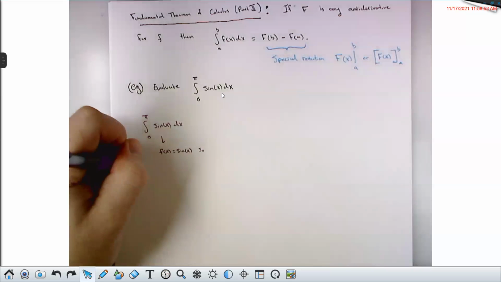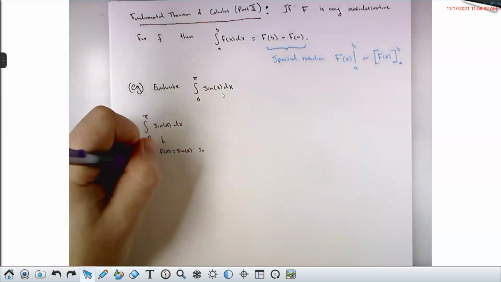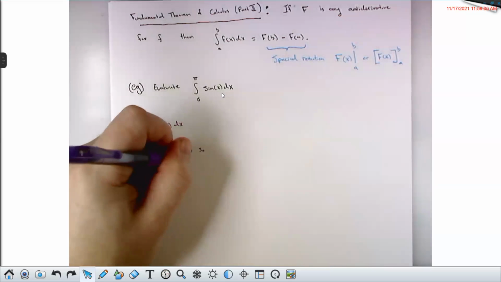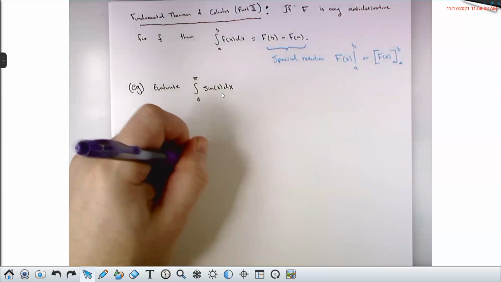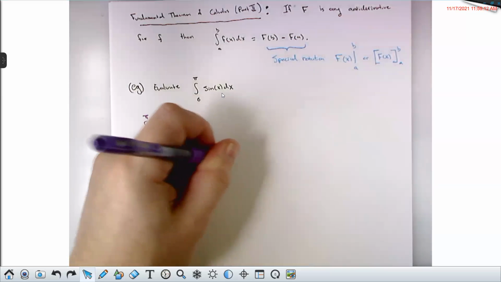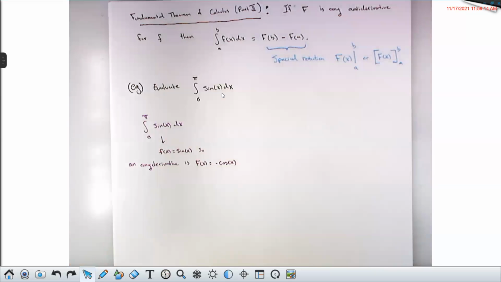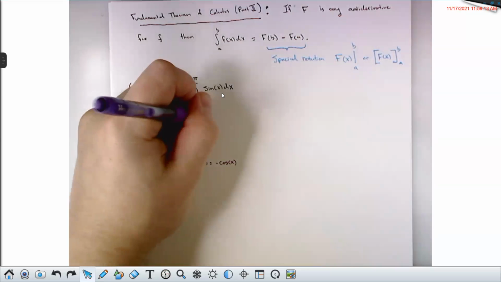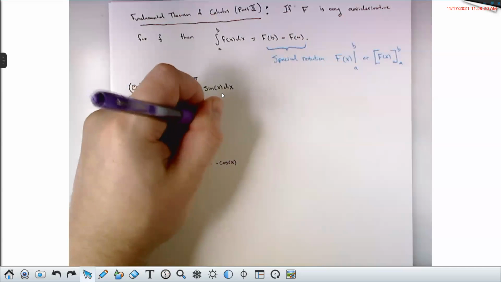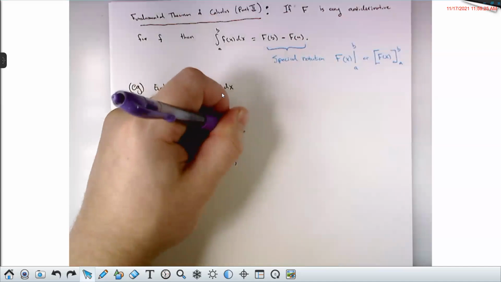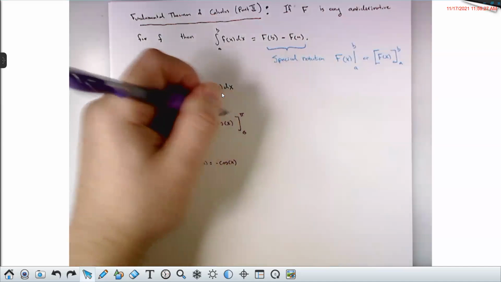You can use any antiderivative. Negative cosine. F of x would be negative cosine of x. So I can say that this integral is negative cosine of x evaluated from 0 to pi.